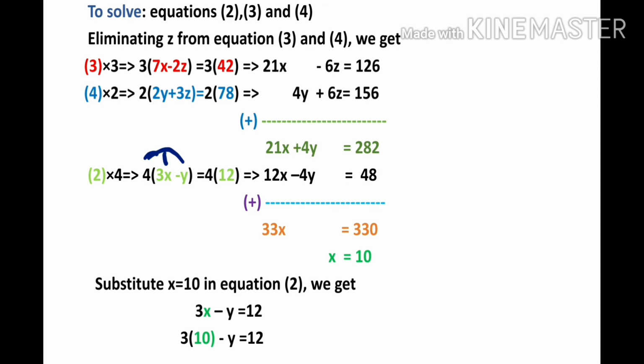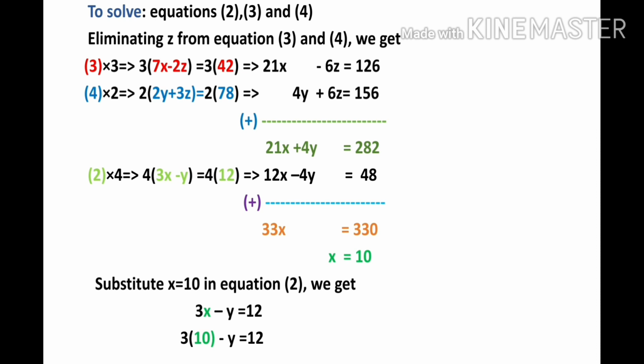Then 4 into minus y, that is minus 4y. Then 4 12s are 48. Just add the coefficients. 21x plus 12x is equal to 33x. Minus 4y plus 4y gets cancelled.